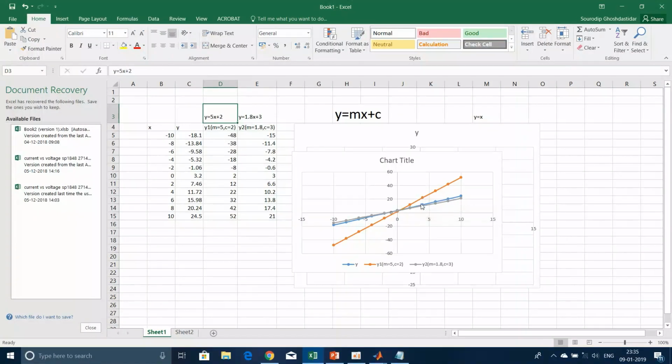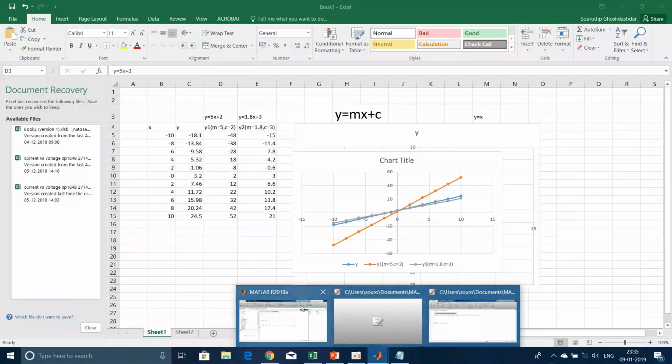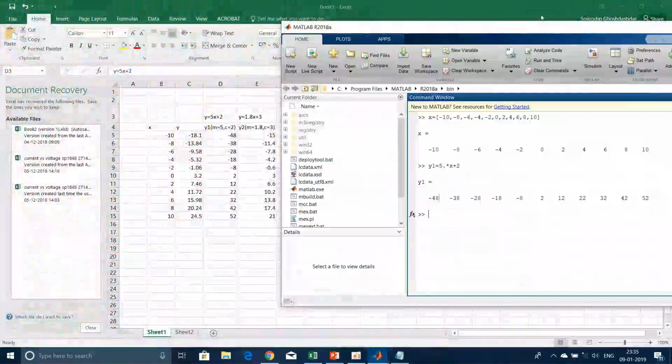It uses this deviation to calculate the new value of m and the new value of c, which would make the curve fit the experimental data in a better fashion. So how does it do it? How do we instruct MATLAB to do it? Let's look at MATLAB.